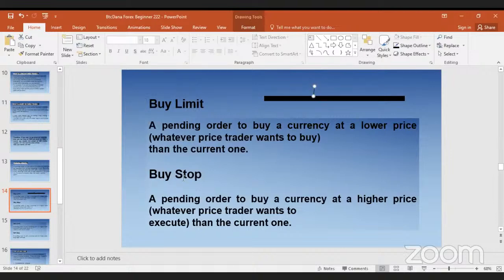So that is what we mean by buy limit. Now we have buy stop. What this buy stop means is, let's take this example again. This market has already broken out here, it's around this area. So now we already missed the opportunity of placing a buy order from this point.